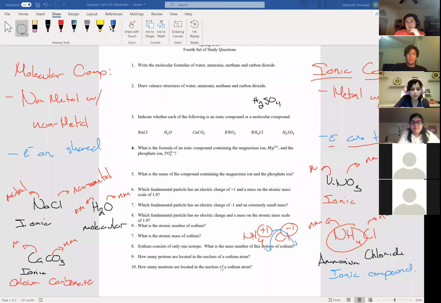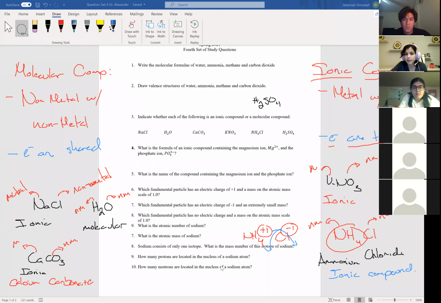Well, I have the key next to me, and it says it's molecular. Hydrogen's a non-metal, but they're ionically bonded, which is why you'd consider it an ionic compound. Yeah, ammonium chloride's a weird one.